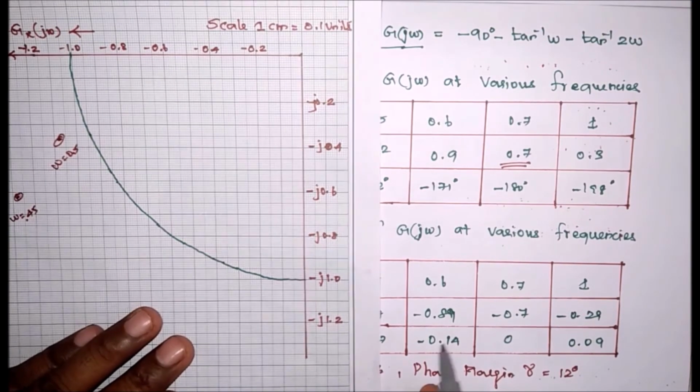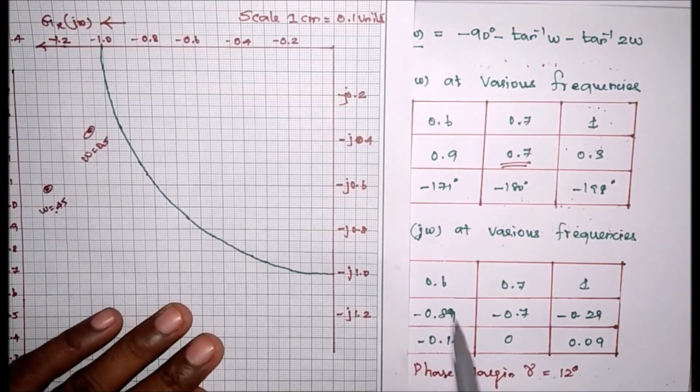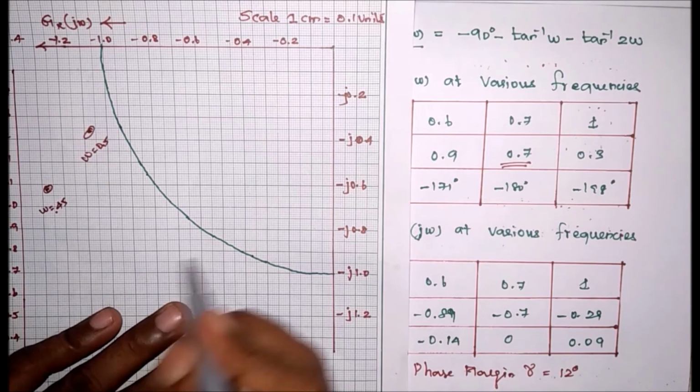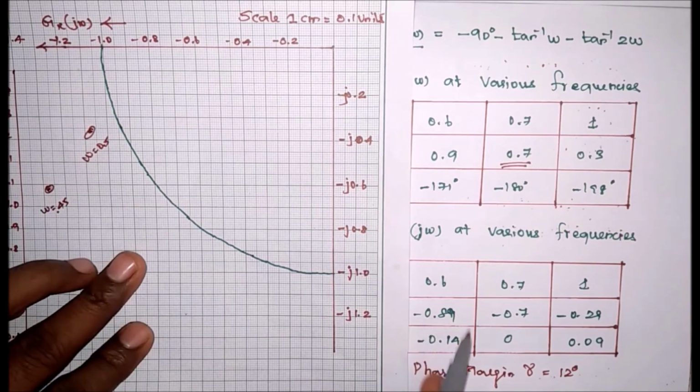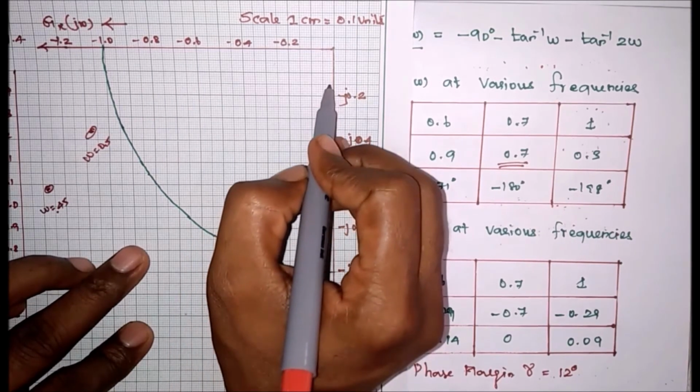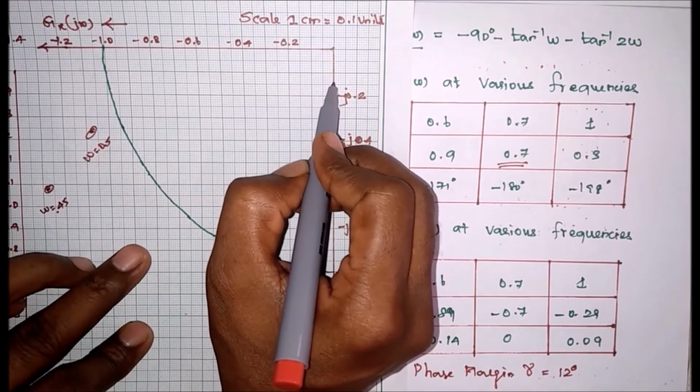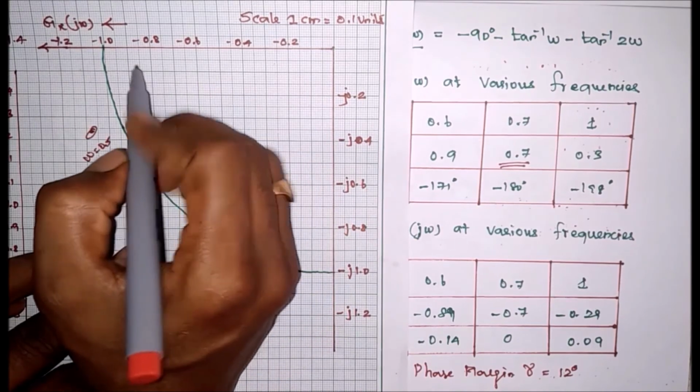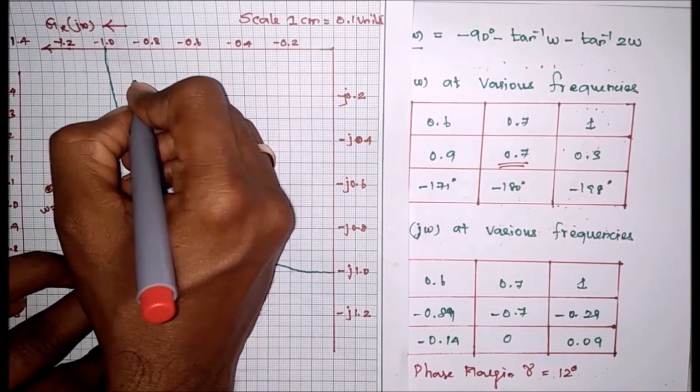Next, for omega equal to 0.6, real axis is minus 0.89 and imaginary axis is minus 0.14. So minus 0.14 will be here, and minus 0.89 will come here.